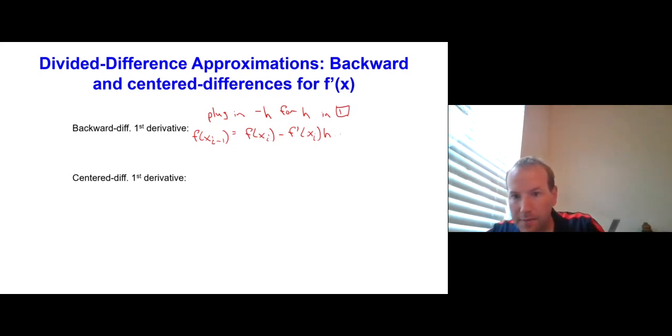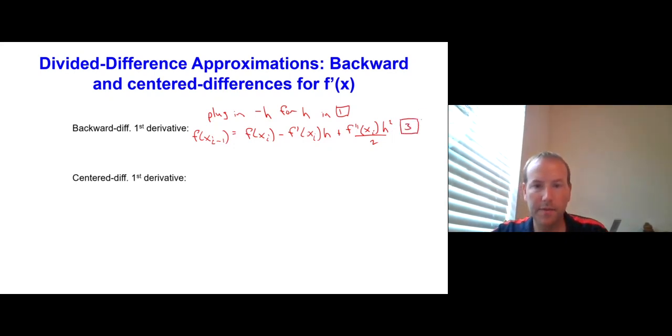And then plus f double prime of xi times h squared over 2. Okay, and we're going to call this equation 3. So we'll be using that in the future. And so now we can rearrange for f prime.